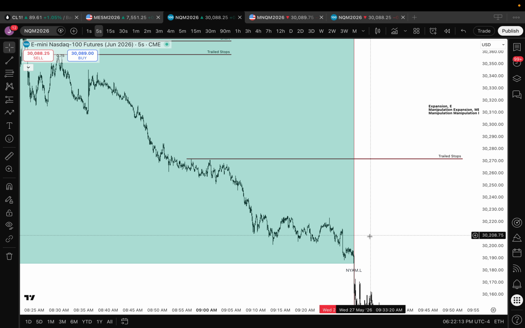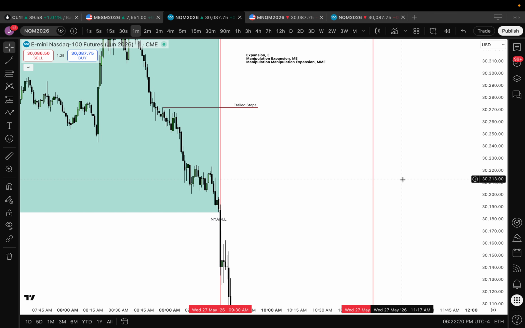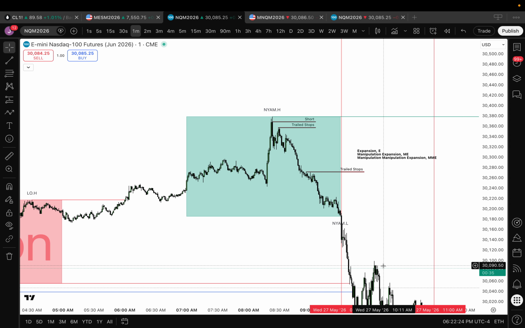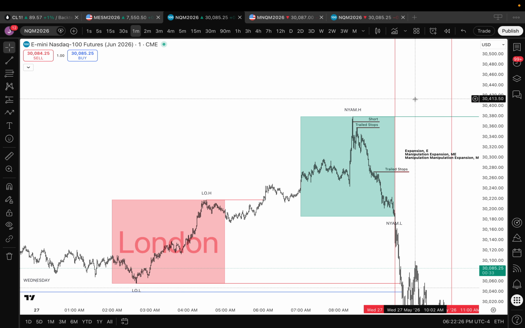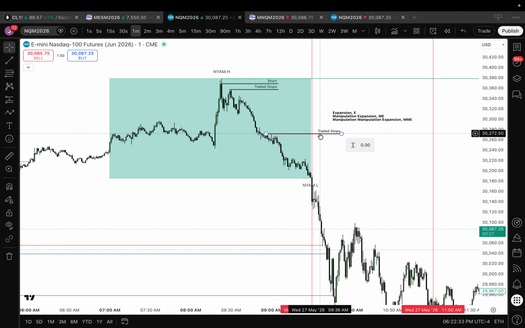And then smart money can add to their positions right here by taking their stops out. This way, I don't have to rely on bias so much, because if bias was up at 9:30, it would have gone to trailed stops. If bias was shorts, it would have gone to trailed stops, because either way it has to sweep these out before it goes down, and it has to sweep this out before it goes up.